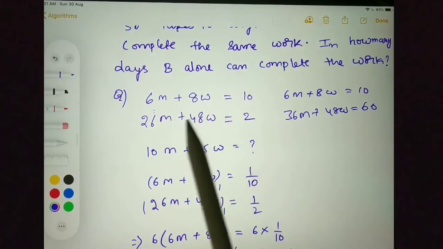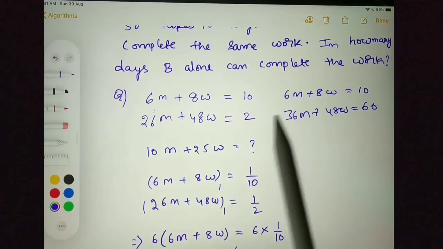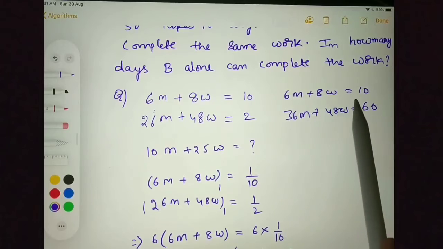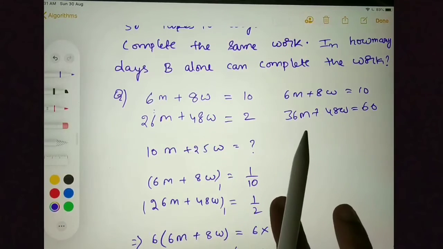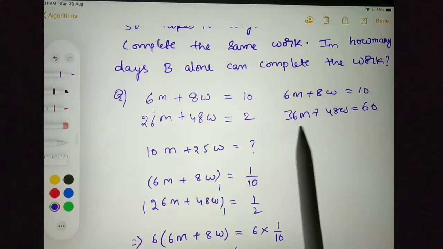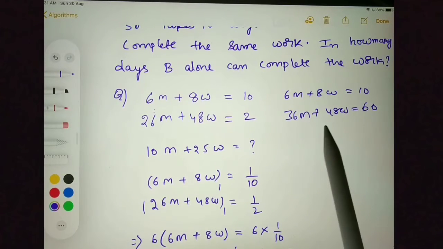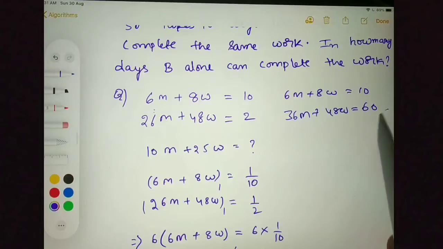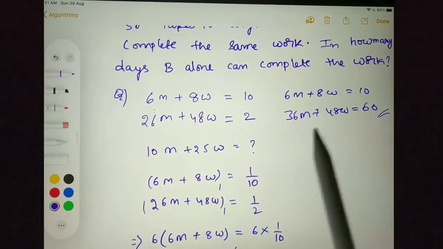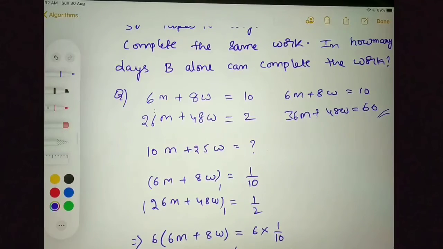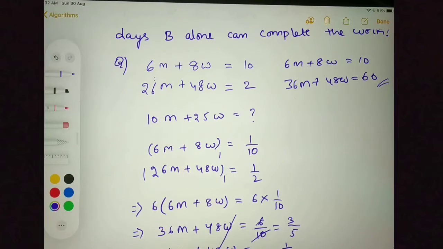But we should not multiply directly, because here 6 men and 8 women can do the task in 10 days, but when we multiply it with 6, we get 36 men and 48 women. When the number of people is increasing, the days should reduce, but here you can see it is taking 60 days, which is wrong. That's the reason we first need to convert this into 1 day's work, and then solve the equation. This is very important.